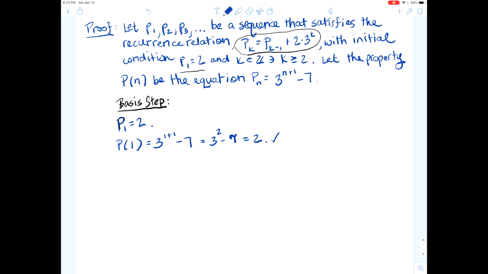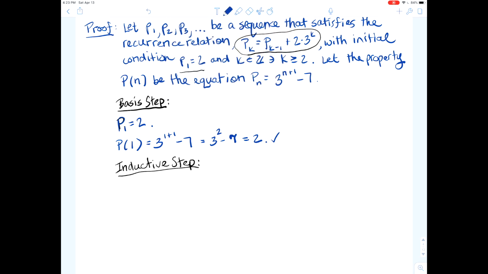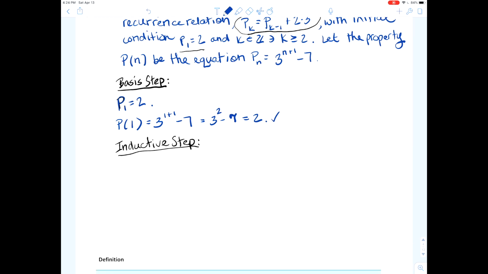All right, our inductive step. So for our inductive step, what do we need to do? Well, we need to show that the k plus first term in our property is also true. Okay? So here, what will P at k be?